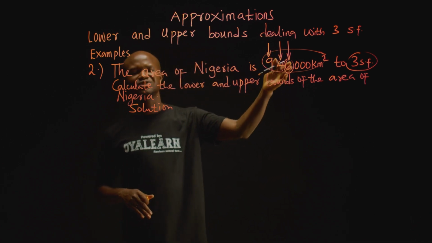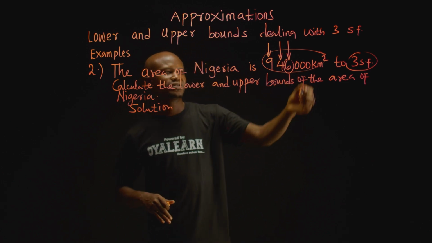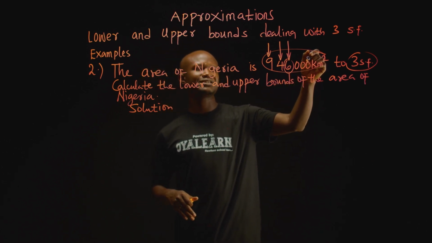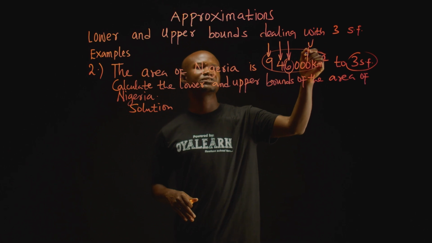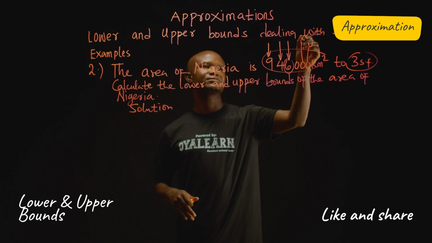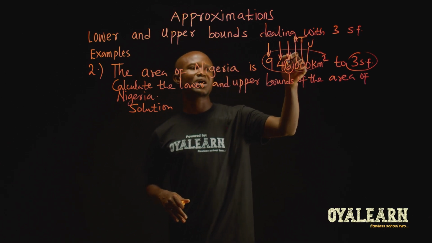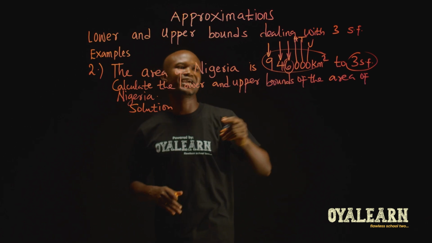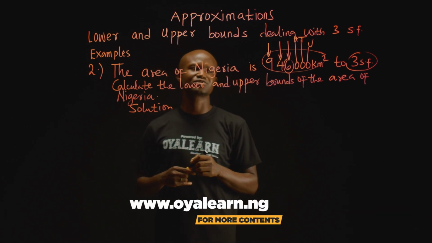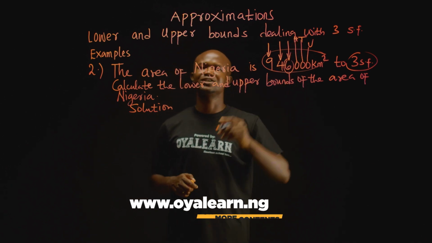Now, what is the place value of 6 in this number? From the back, we know that this is 0 units. This is 0 tens. And this is 0 hundreds. While the place value of 6 in 946,000 is going to be what? 6 hundreds.